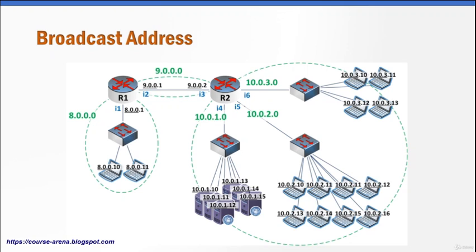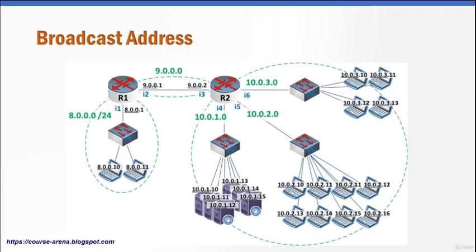But for now, just know that /24 means that the first 24 bits, or 3 times 8, which is 24, or the first 3 octets, represent the network portion. So 8.0.0 is our network portion, which is exactly 24 bits.